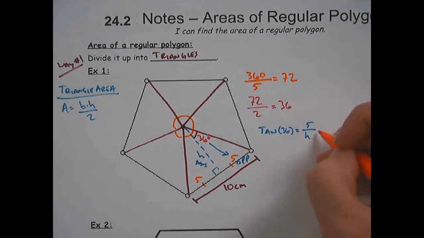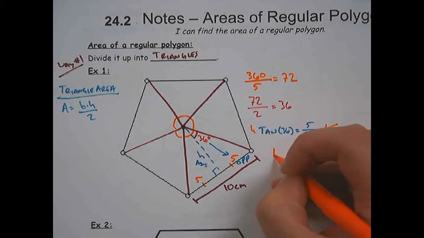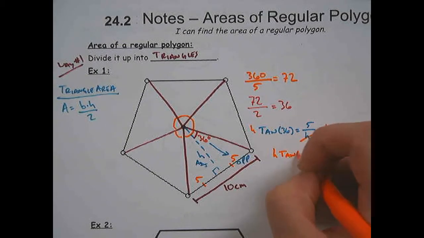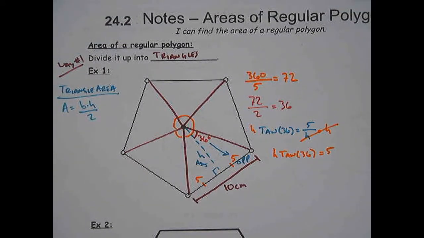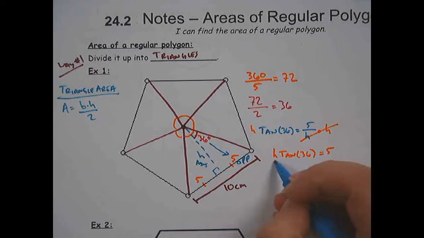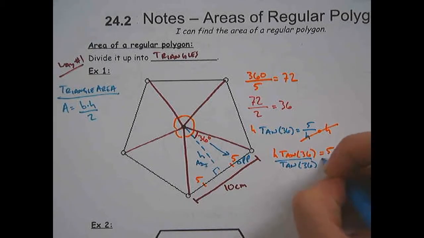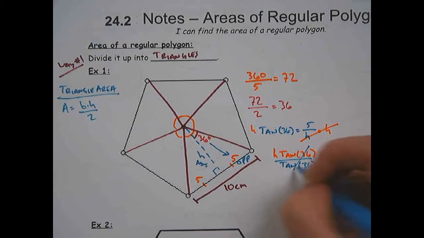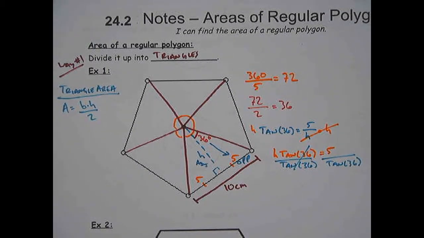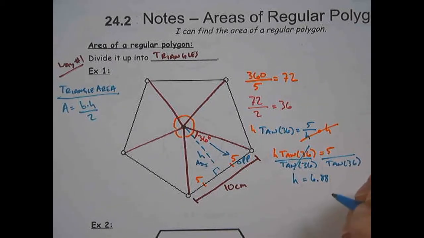To solve this, I multiply by h on both sides: h times tangent of 36 equals 5. Divide by tangent of 36 on both sides. We do 5 divided by tangent of 36, which gives me that the height is about 6.88.